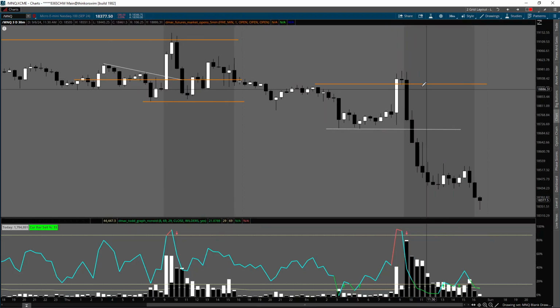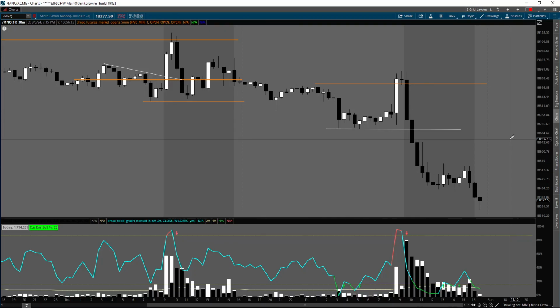So if you were trading off a 30-minute chart, you would have been short as it came back through the low and through this level. If you were trading a shorter time frame chart, in my case anyways, I was short through this lower level, only because I missed this particular setup on the 30-minute chart, but that's okay.